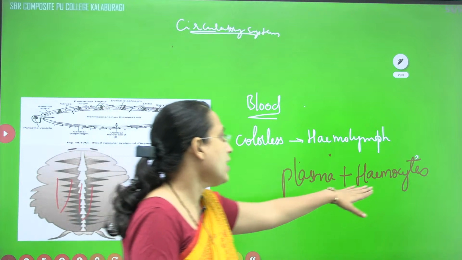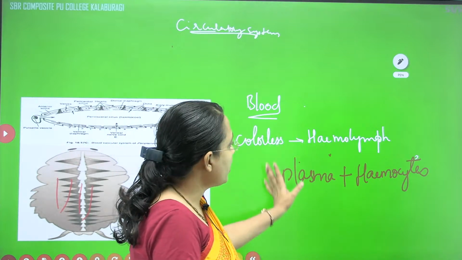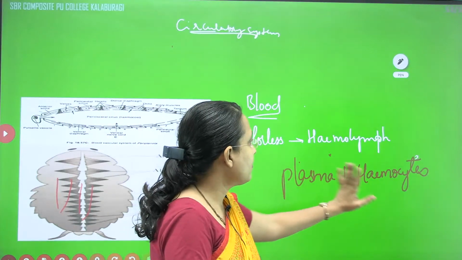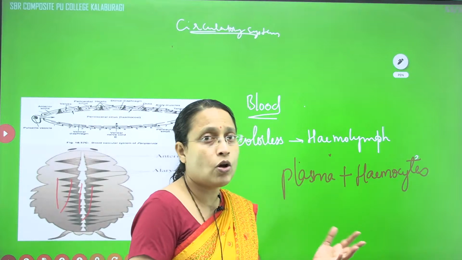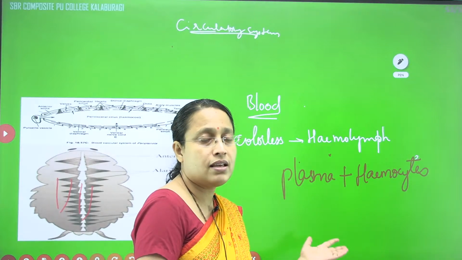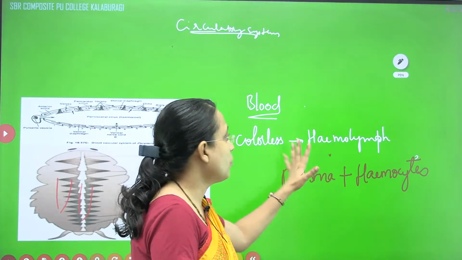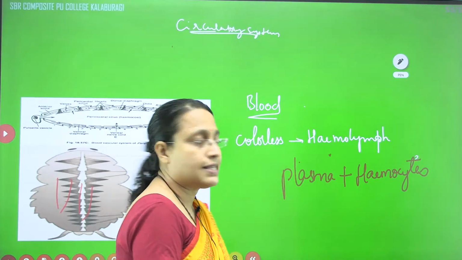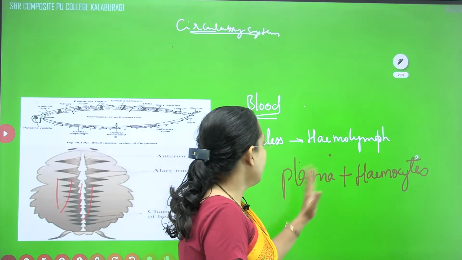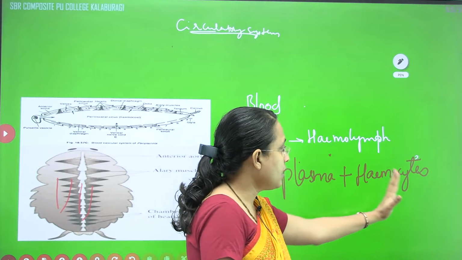So it is a combination of plasma as well as hemocytes. There is no separate lymph in cockroach because plasma itself acts as lymph also. This hemolymph flows through the sinuses.